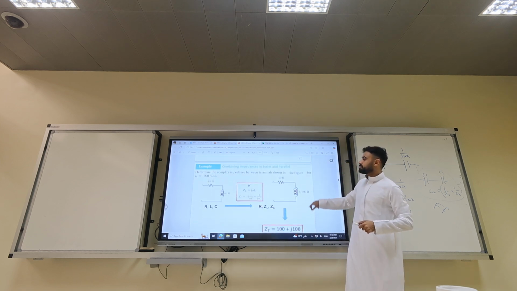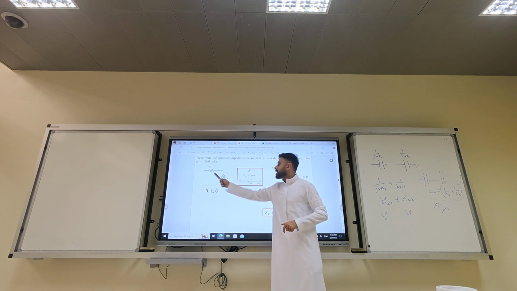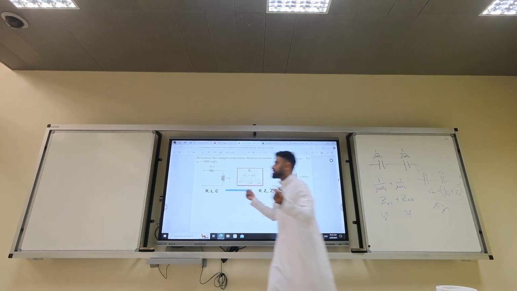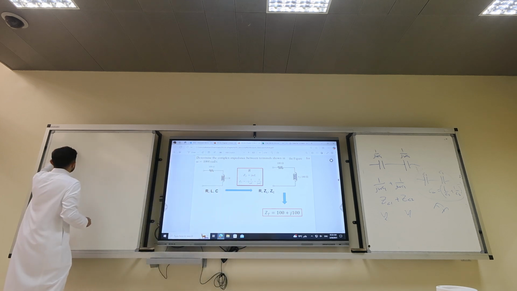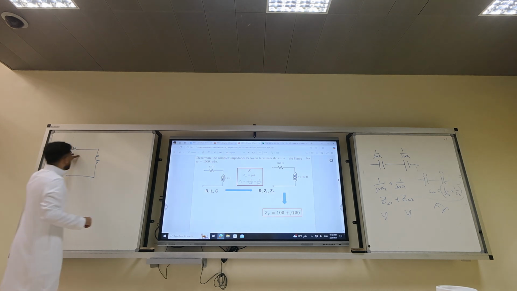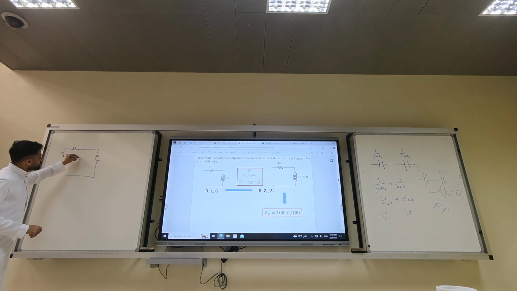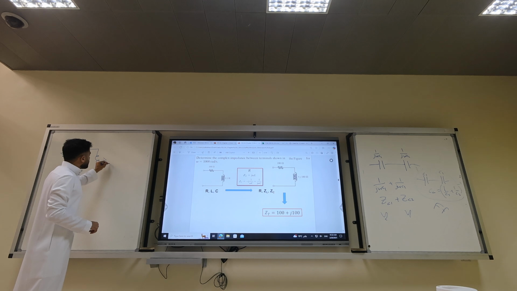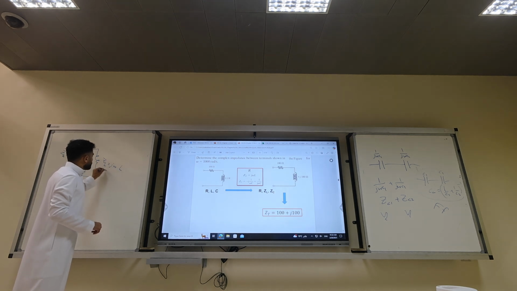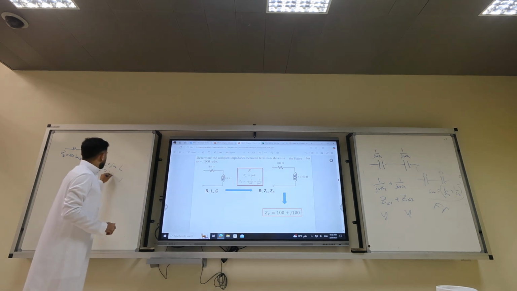Example. Let's say we have a resistor and an inductor in series. What's the first step? We are professionals, right? We find the equivalent Z's. So what is Z sub R? It's R, which is 100 ohms. What is Z sub L? j omega L. What is omega? Omega is 1000. What is L? 0.1.